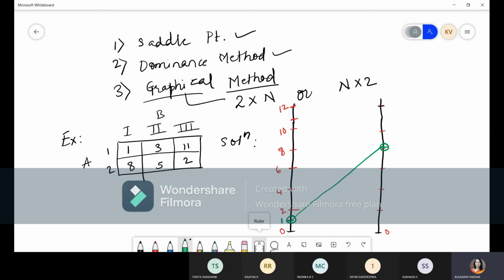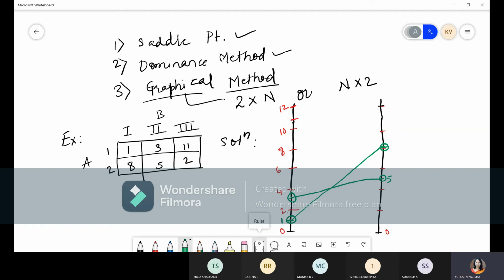Now we'll go for the next line. On this side it is 3, so we'll find where 3 is. 3 will be here, and on this line it will be 5, so 5 will be here, right? Draw a line joining these 2 points.